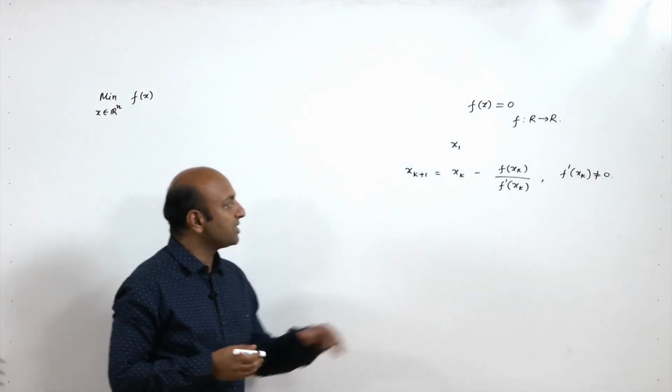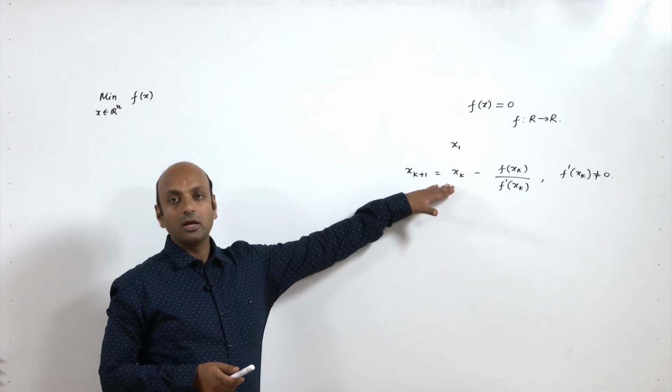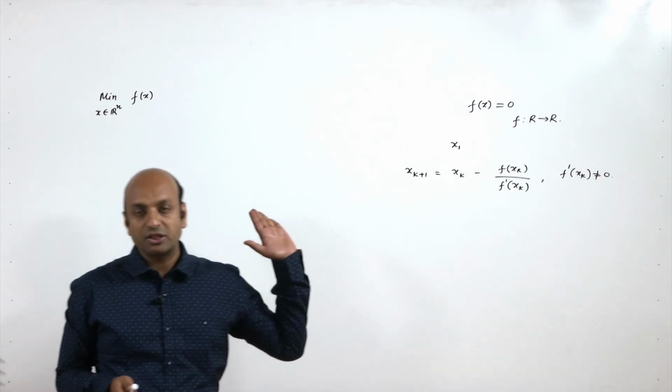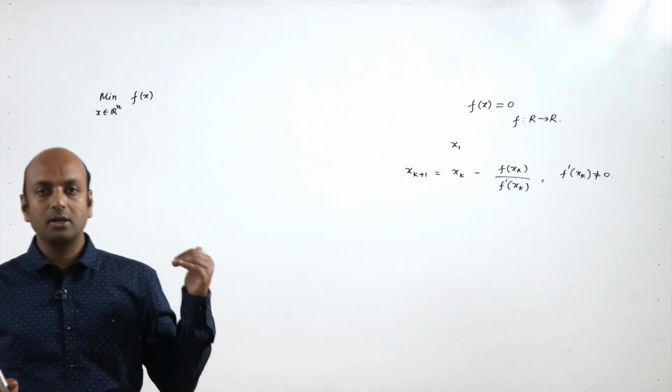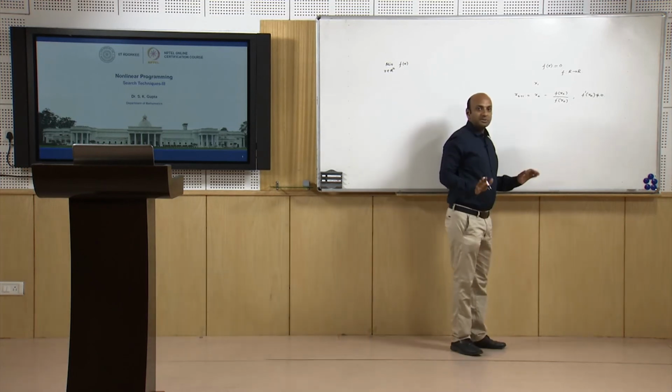I am not going into much detail of how this method is arrived at. I am simply illustrating that Newton's method to solve unconstrained optimization problems comes from the Newton-Raphson method.